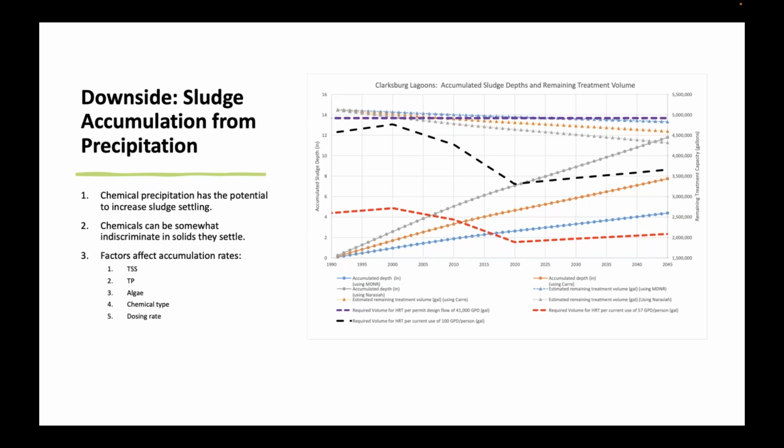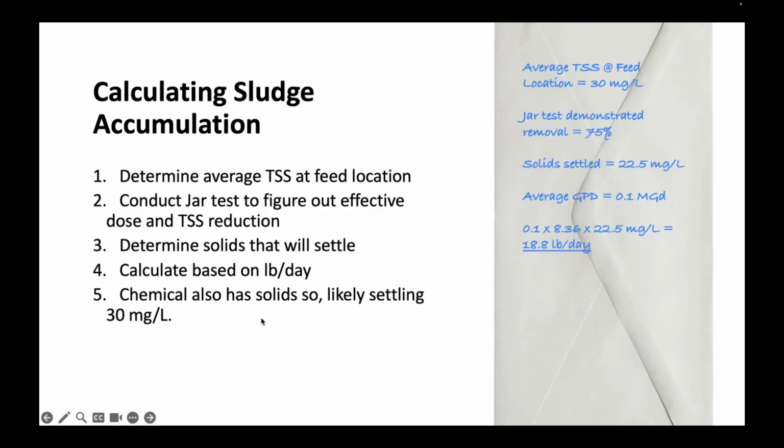And the factors that affect this accumulation rate are the level of TSS, level of phosphorus, the level of algae that you've got, the chemical type that you're using, the dosing rate, all of these things. If you wanted to figure out, back of the envelope, how many solids you'd be settling every year, this is a quick and dirty calc, right? Let's say you have TSS of 30 milligrams per liter at your chemical feed point, and you can get 75% removal of solids, as you've seen in your jar testing.